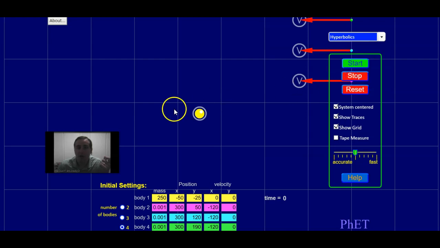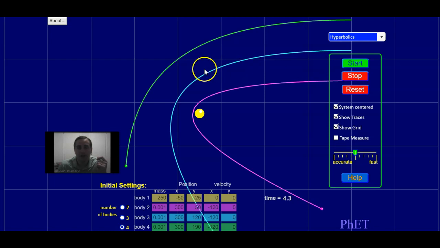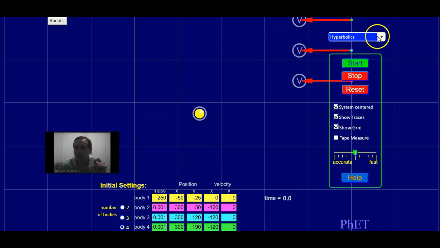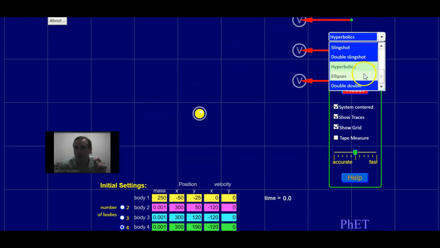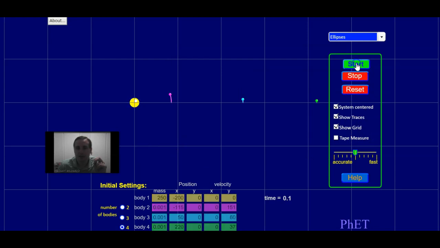How about hyperbolics? What if you have several comets that move around the sun? Well, they're going to have slightly different orbits around the sun. Look at that. They produce these hyperbola-type curves, with certain axes like this. How about ellipses? So let's try this out.